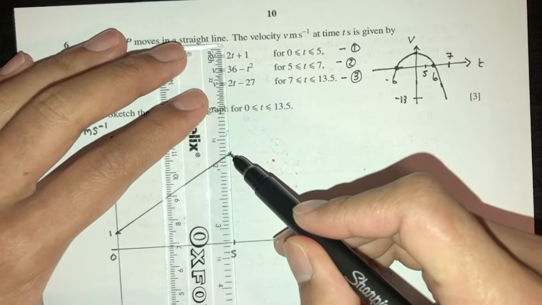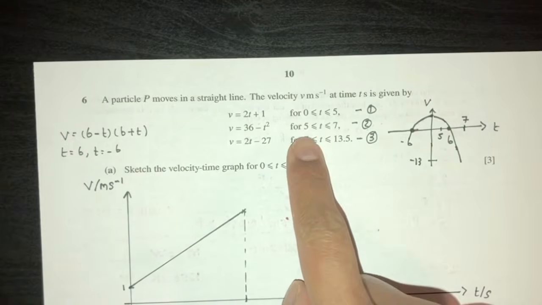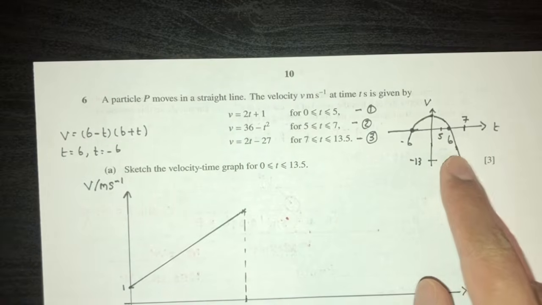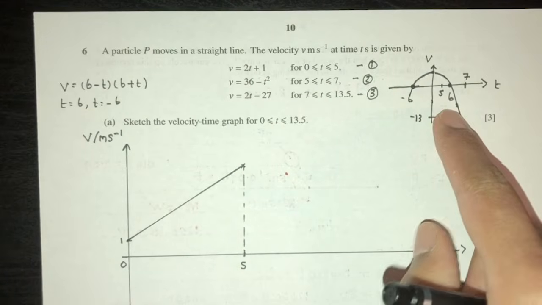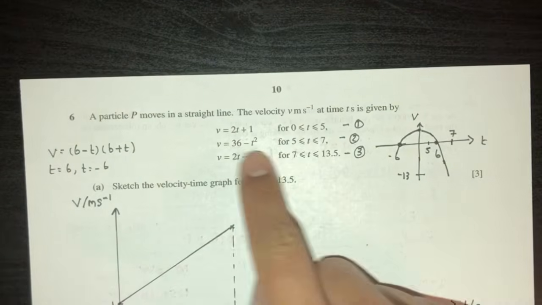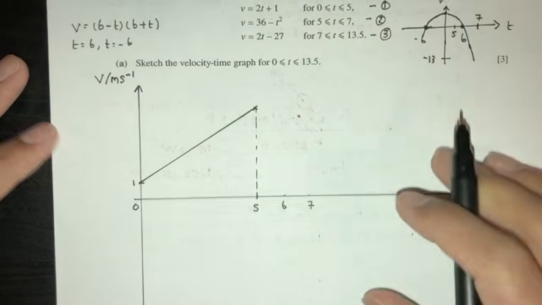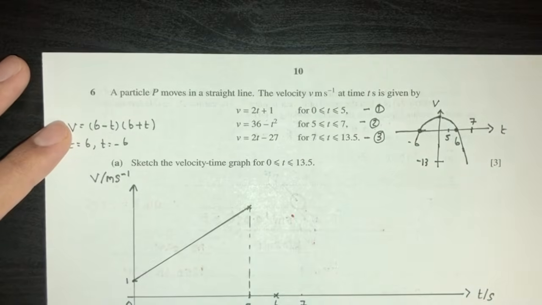So we can just indicate that by the line, and then moving forward, you see that the value comes to this curve now. So 5 is this point, so what is 6? 6 will be at the point 0, so let's say this is 6, and 7 will be the curve, right? Because the curve is only defined between 5 and 7. Now, we know that the curve goes to 0 at this point, and when it is 7, it goes to minus 13.